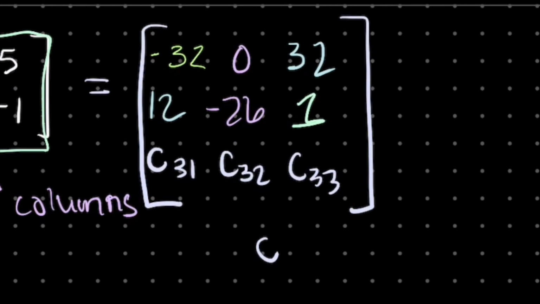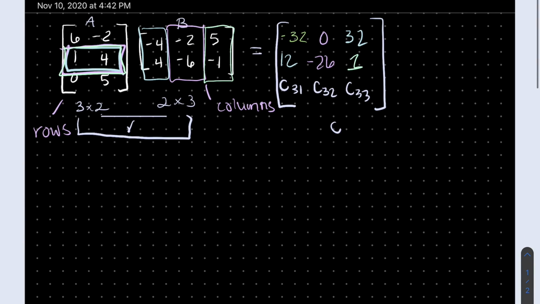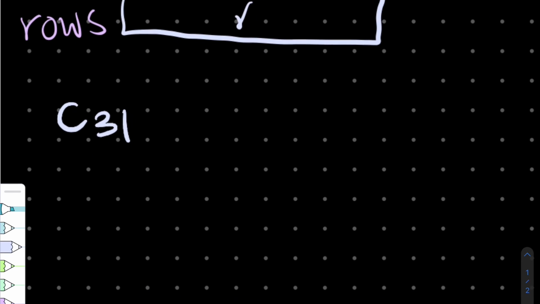Let's move on to the third row. Okay, and last but not least, we need to find row 3, right? So we'll start with, as per usual, the first column. So we're going to look in, let's say, C31. And again, as always, zoom it in.